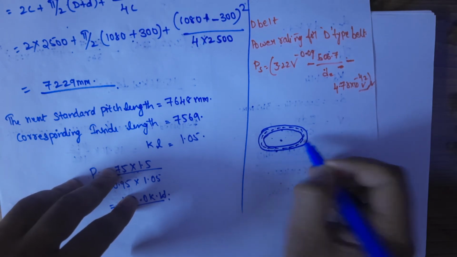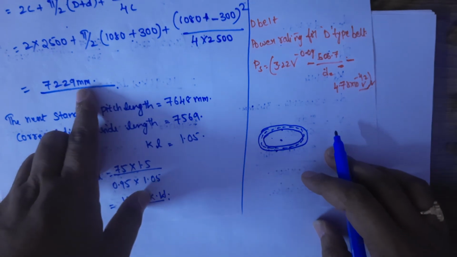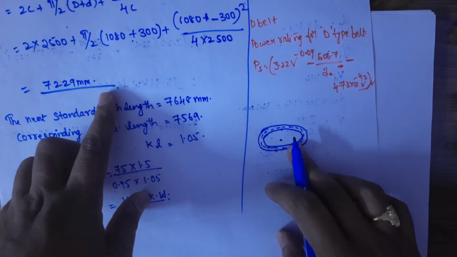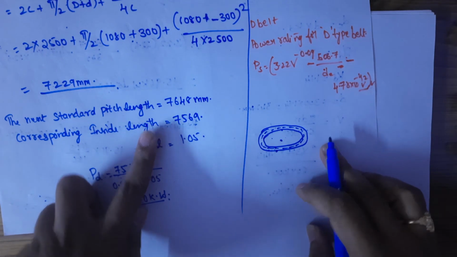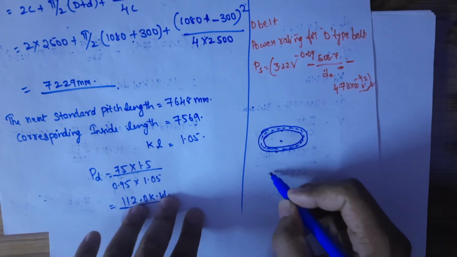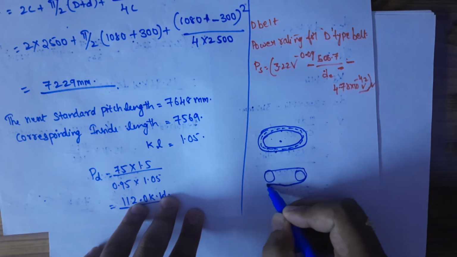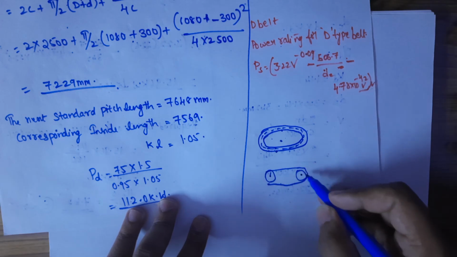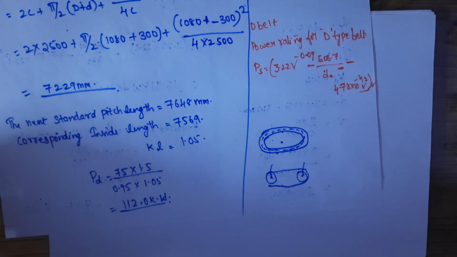First that we have got is 7229, that is the length, but we have selected the next standard pitch length. So obviously if the size of the belt is increased between the pulleys, we have to adjust the center distance. Okay, so there we must change the center distance.